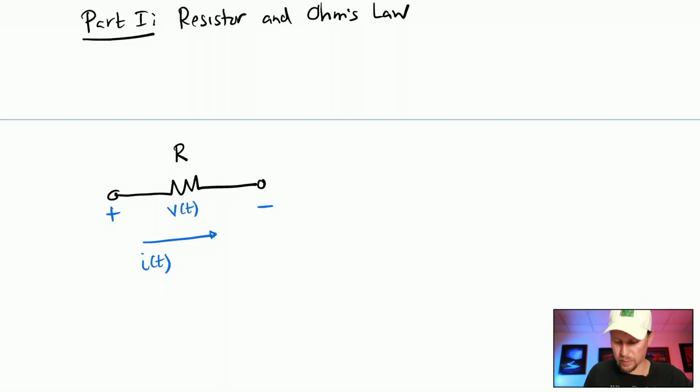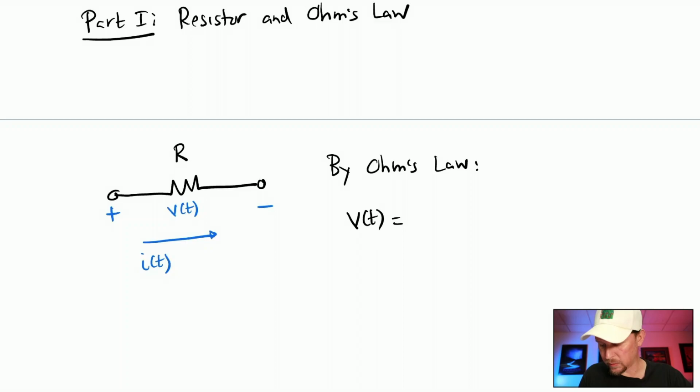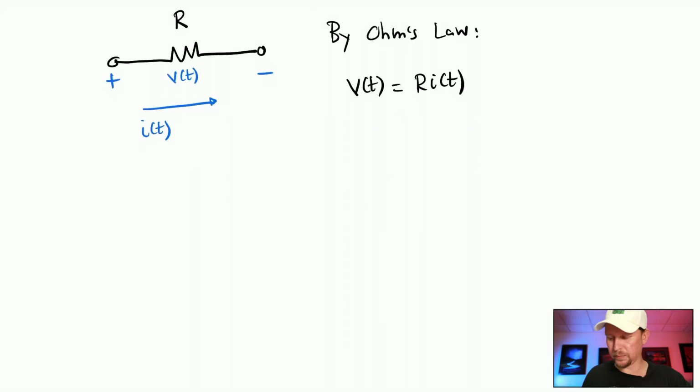Now, we know that by Ohm's law, no matter what these functions are, the relationship between the voltage and the current is such that the voltage as a function of time is equal to the resistance times the current. Right?